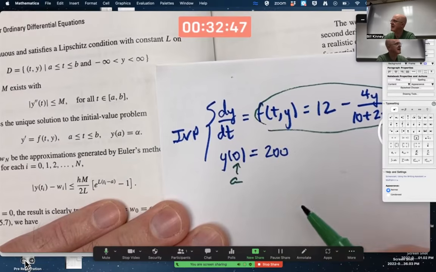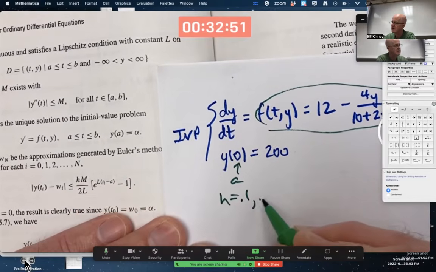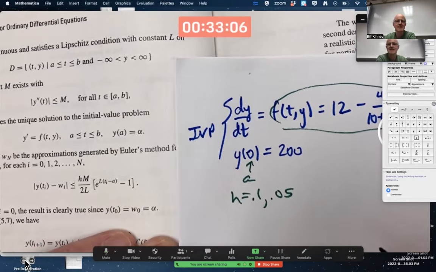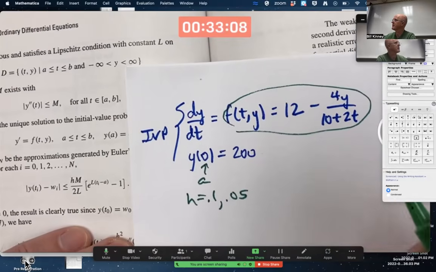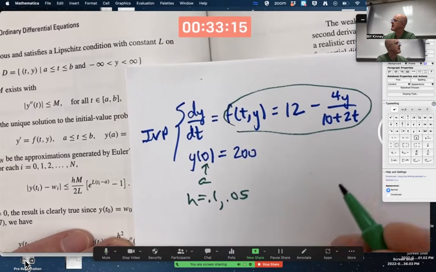We on Mathematica initially used h to be 0.1, then we also did 0.05. We did those 2 examples separately. What's L and what's M? Those are the only things we don't know yet. I think we should be able to figure out L by hand. I'm not so sure about M.